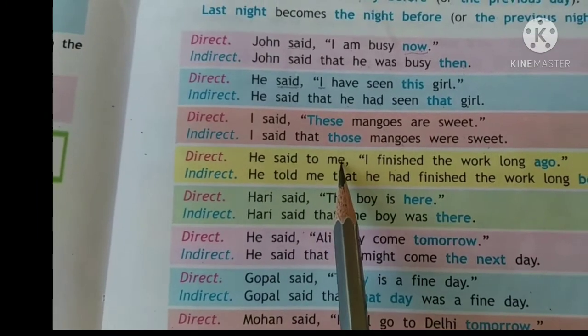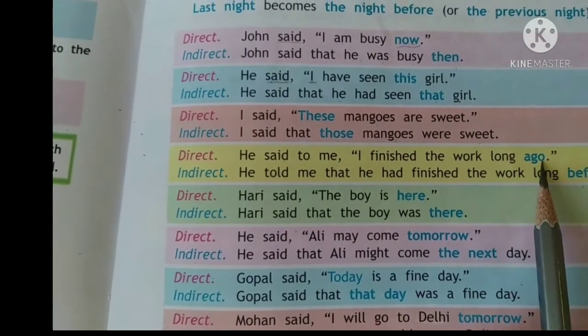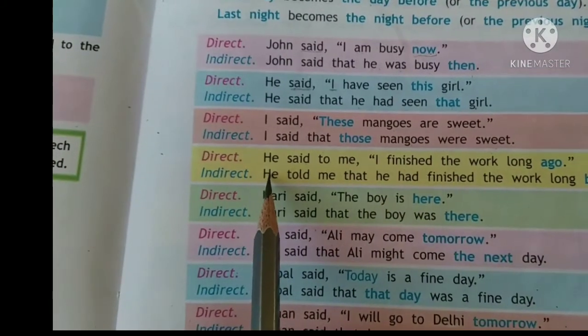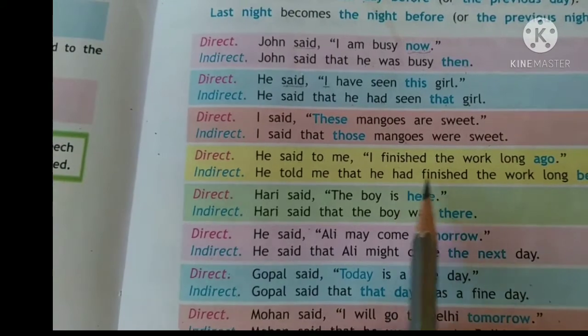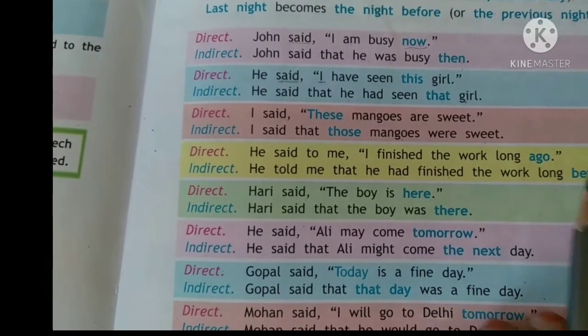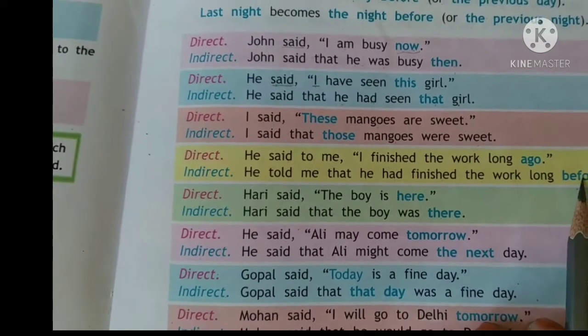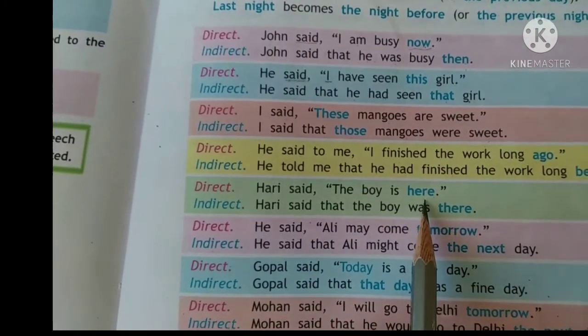He said to me, I finished the work long ago. So this will be, he told me that he had finished the work long before. Ago will become before. Hari said, the boy is here.